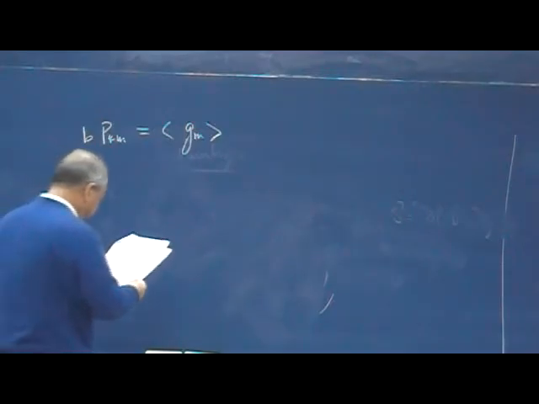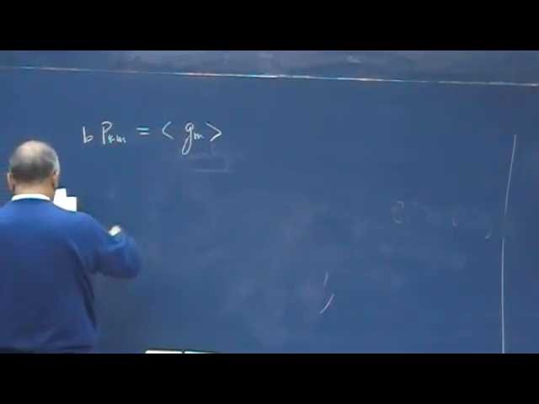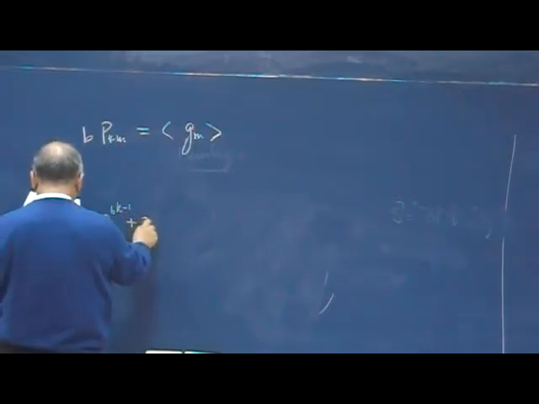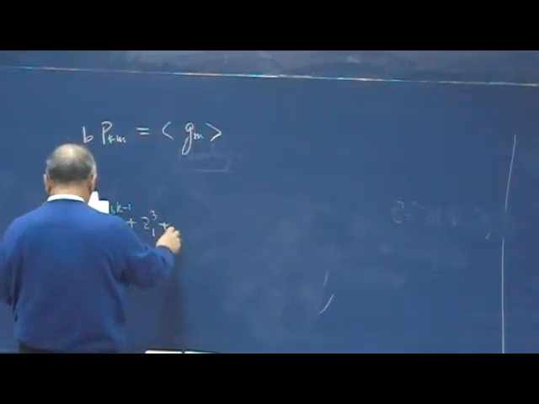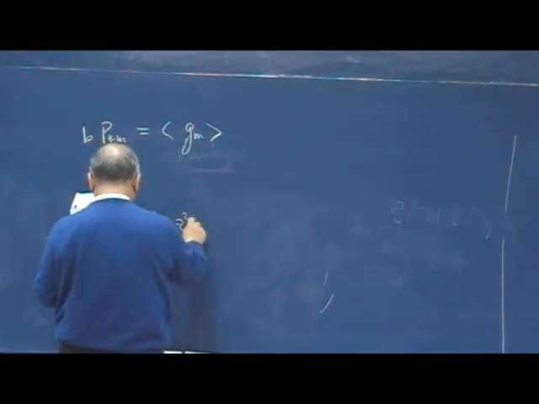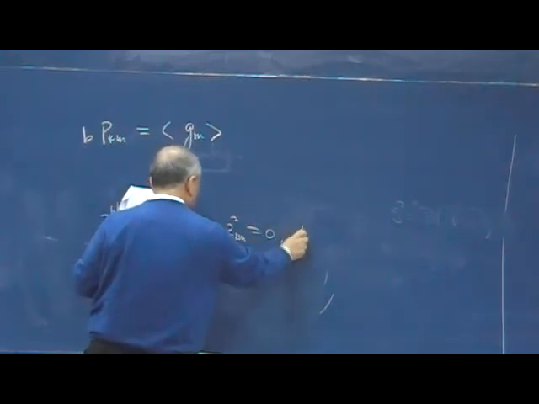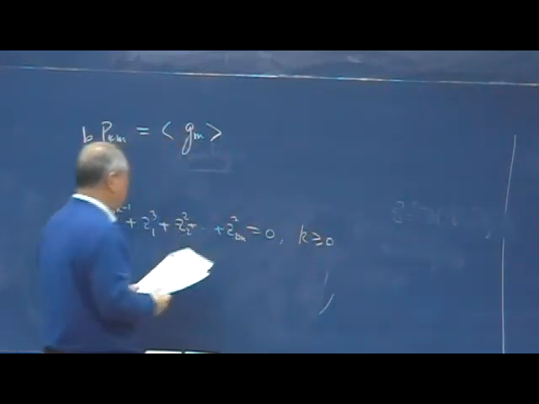So please go make the following construction. Okay. So he said, we define z0 to the 6k minus 1, plus z1 squared, plus up to z_{2m} squared, equal to 0. Look at this complex hypersurface.